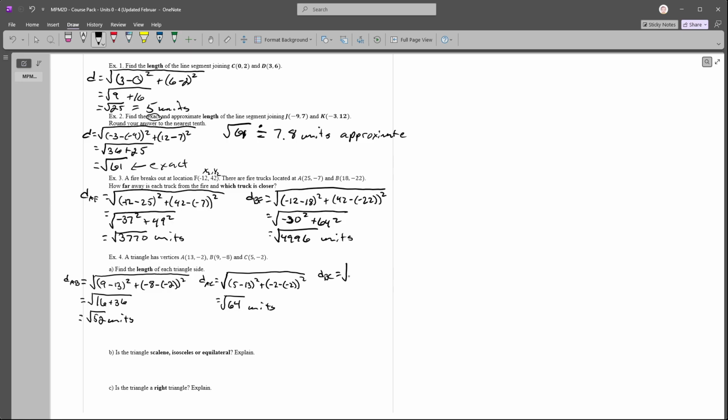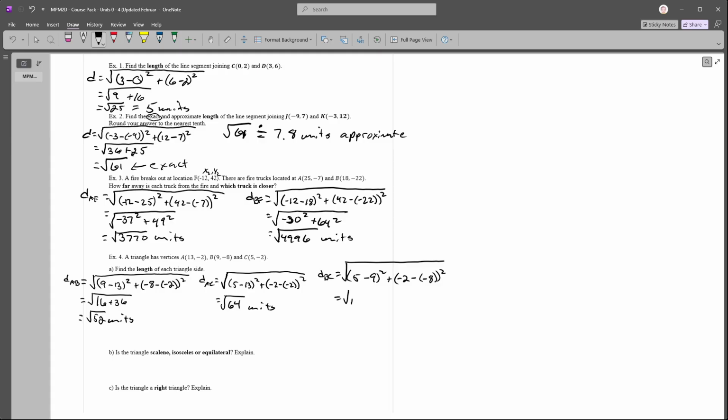Same idea. Square root. x2, so this is going to be our C, so that's going to be 5 minus x1, which is 9, squared. And we're going to add on to that y2, which is -2, minus -8. That whole thing is squared. Alrighty. So 5 minus 9, that's -4 squared.